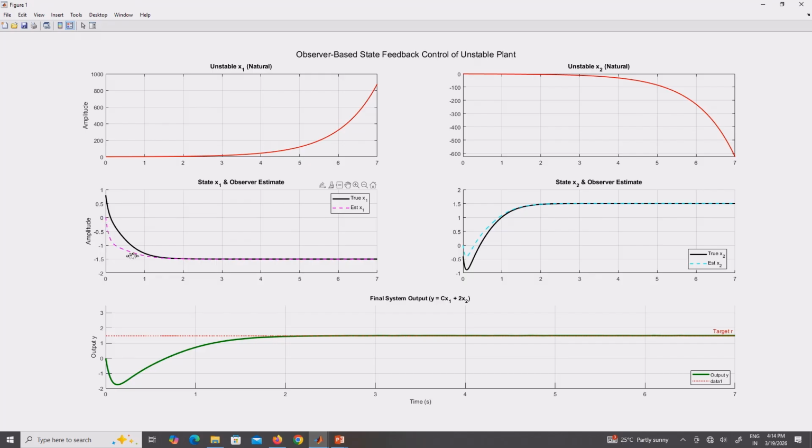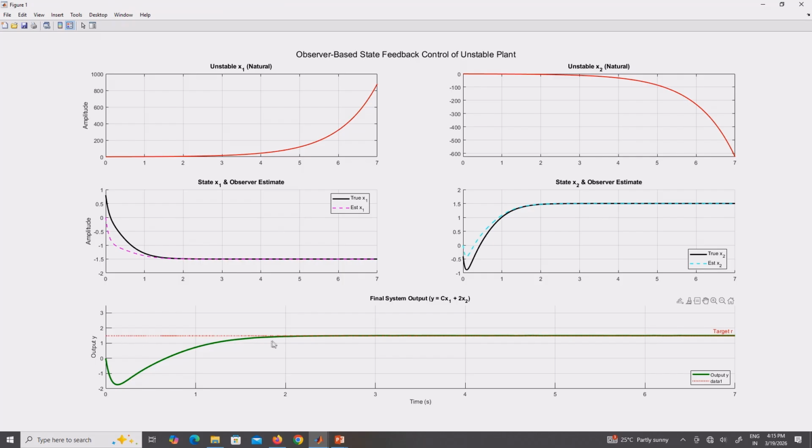These are the states that I have used to feedback into the system using u = -kx hat + nr. So, those are the estimated states, and the estimated states you can see are actually becoming equal or becoming closer and closer to the actual states. Okay. And then these states help us to get to a final system output of this form.